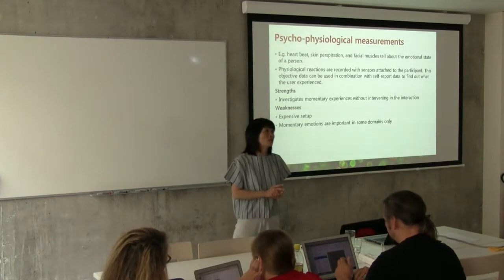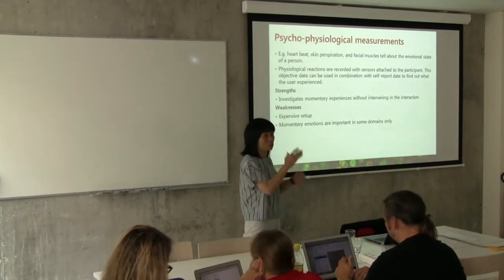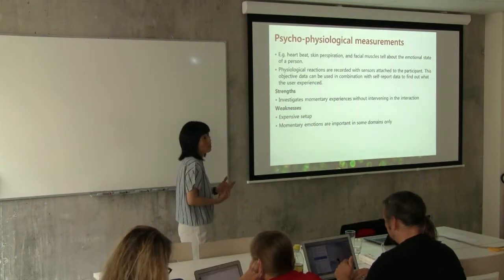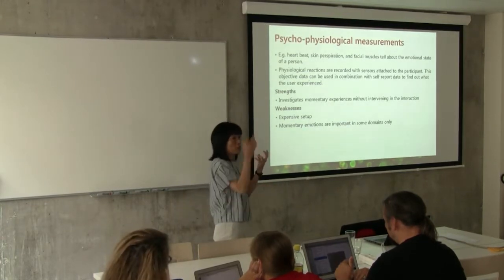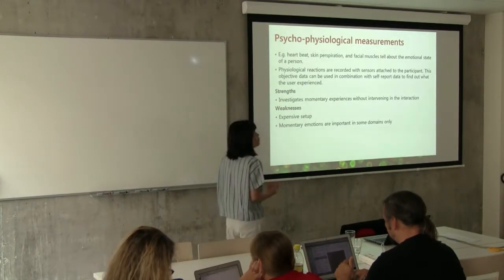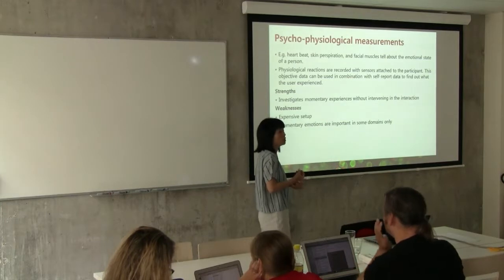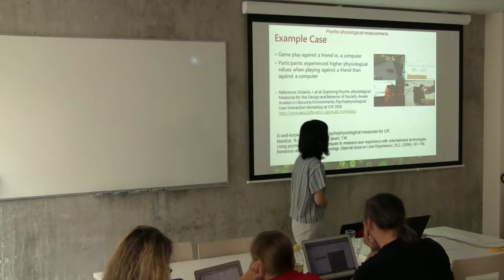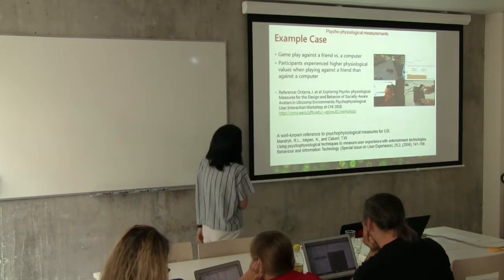For example, the eye tracker is now much cheaper and also more accurate. But how can the eye tracker heat map tell you about the experience of the user? It's difficult. You have to use the triangulation method to measure different things that may enable you to interpret the eye tracking heat map. But anyway.